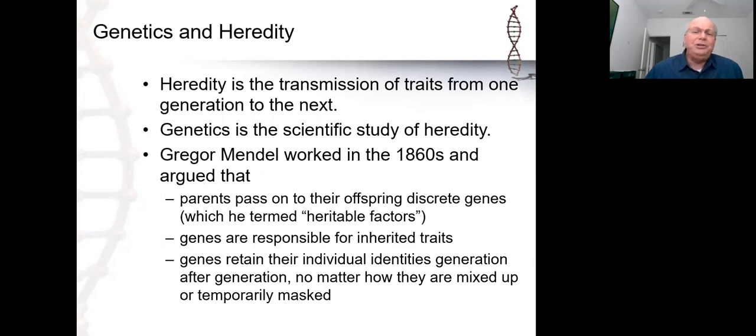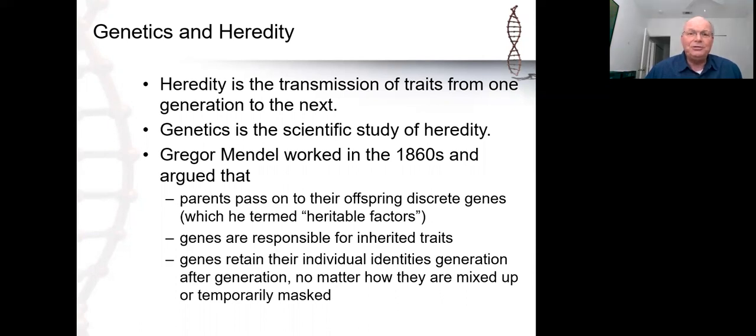And it was the passing of these inheritance particles from one generation to the next that determined the characteristics and the traits of each generation. And even when you had different inheritance particles, what we would call different genes and different versions of those genes present in an individual, they would still remain discrete.